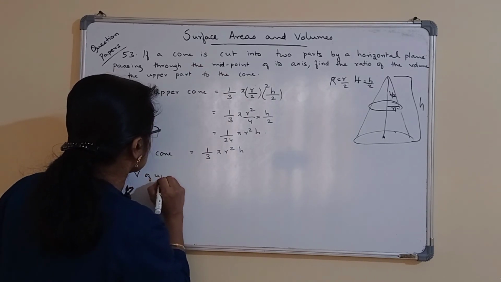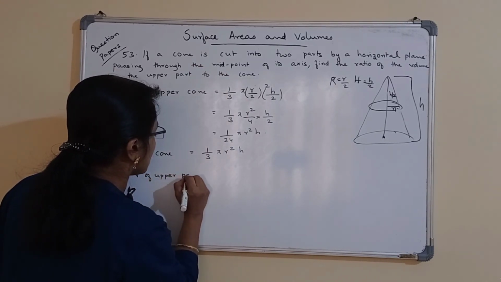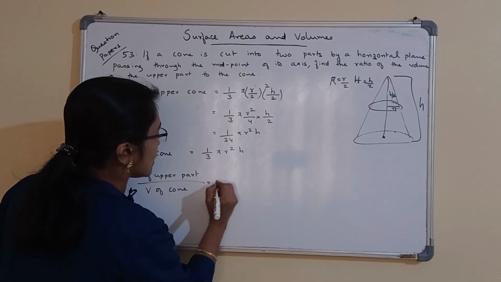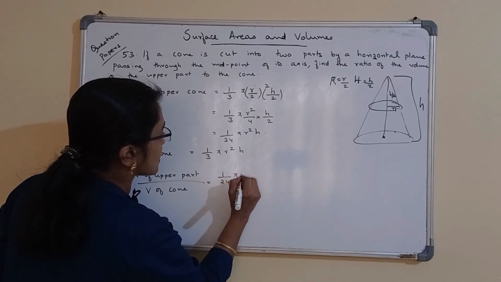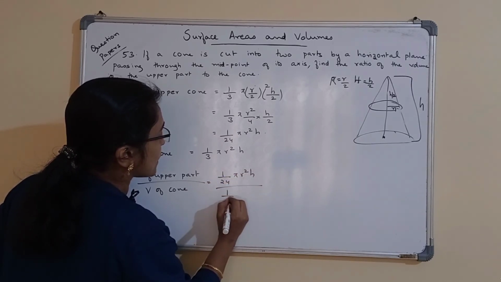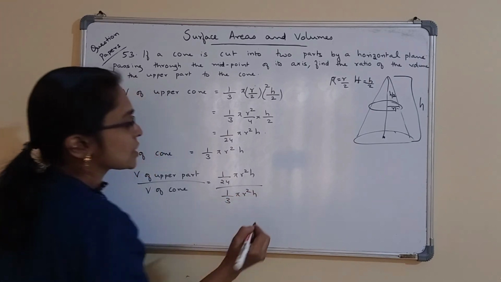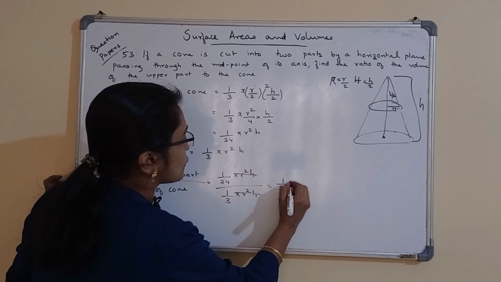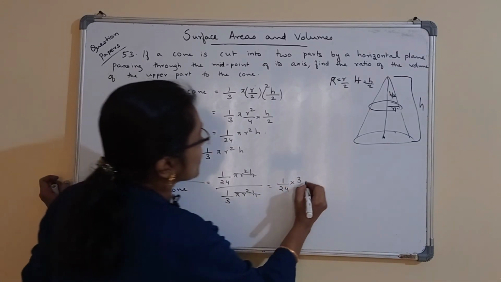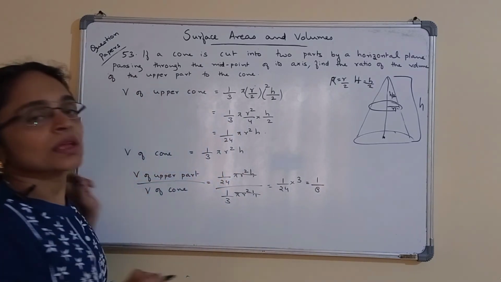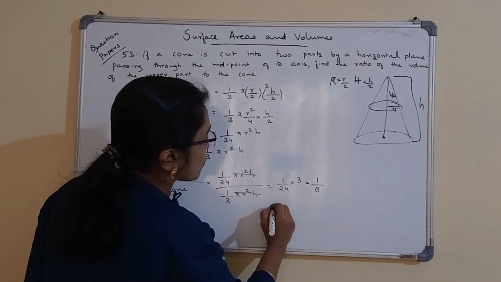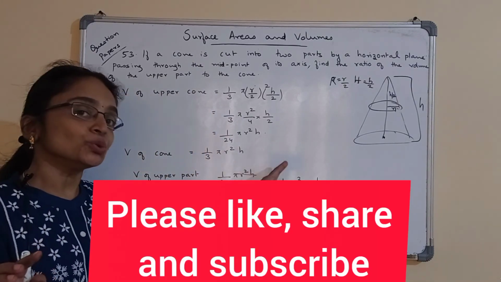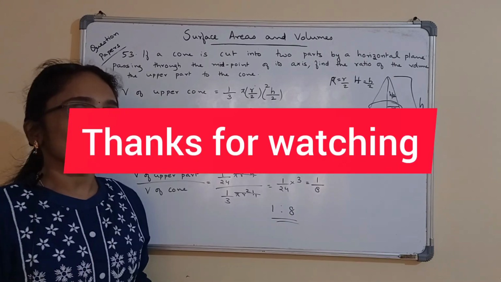Volume of upper part by volume of cone is equal to 1 by 24 pi R square H by 1 by 3 pi R square H. Pi R square H will get cancelled and we will get this as 1 by 24 into 3, which is equal to 1 by 8. So, ratio is 1 is to 8. That is, ratio of volume of upper part to volume of cone is 1 is to 8. Okay.